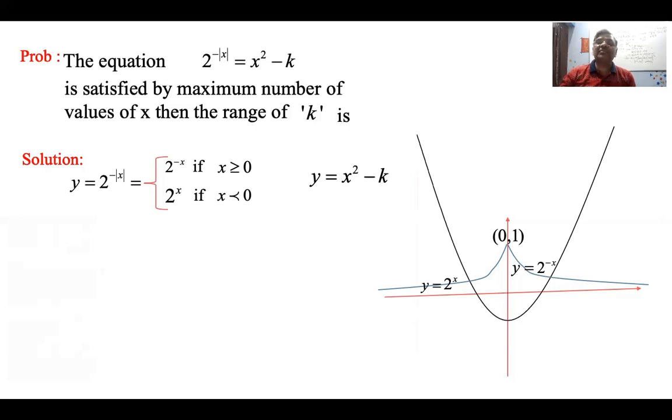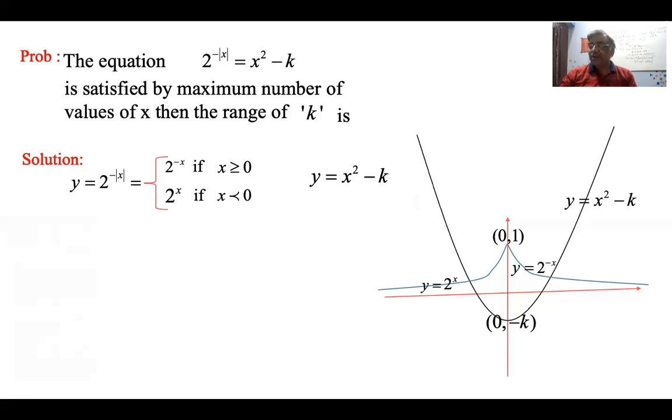It has the maximum number of points of intersection when the vertex of the parabola, that is 0, minus k, is below the point 0, 1. If the parabola is pulled up, then there is no point of intersection at all, which means there is no solution for the equation. When the vertex is below 0, 1, there will be the maximum number of points of intersection.